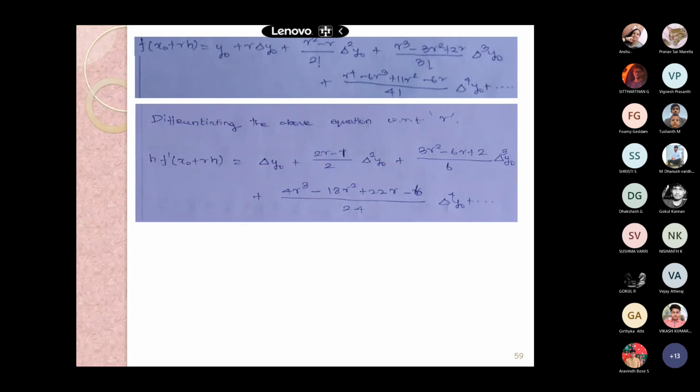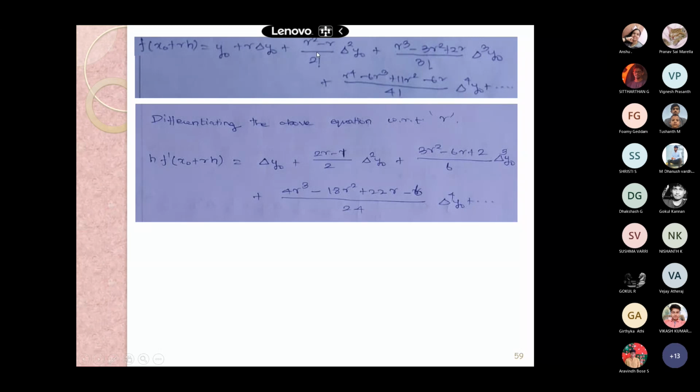Now differentiating the above equation with respect to r, we don't have any r term in the first term, so it won't be there in the differentiated equation, and here we'll have delta y naught plus 2r minus 1 divided by 2.